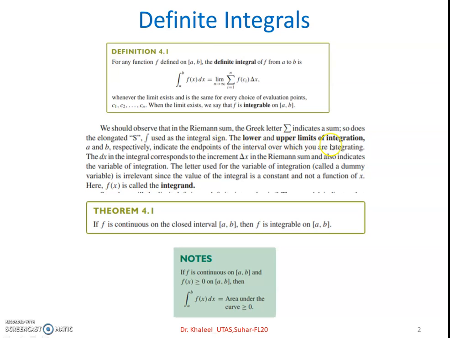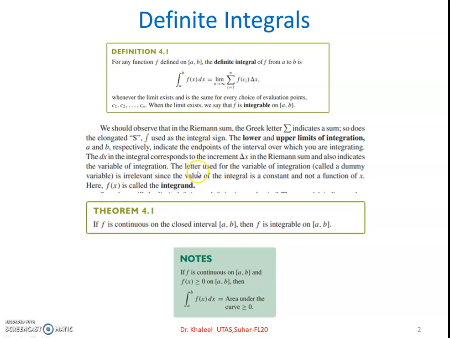The lower and the upper limits of the integration, a and b, are the endpoints of the interval. The dx in the integral corresponds to the increment delta x. So this delta x in the Riemann sum and this dx in the integral are the same thing, and dx is the variable of integration.